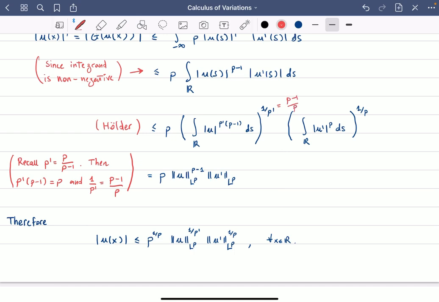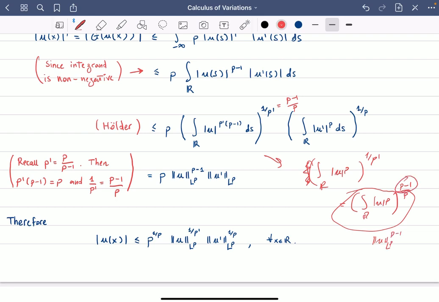So this term becomes the integral over R of |u| to the power p, to the power 1 over p prime, which is just the integral over R of |u|^p to the power of p minus 1 over p, and this bit here is just the u L^p norm, and then to the power of p minus 1 because it's here.